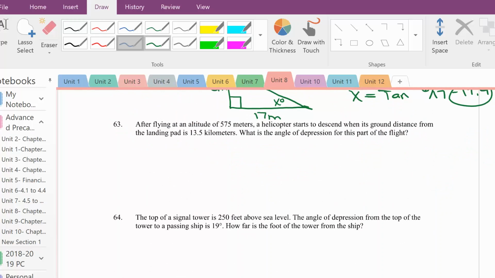All right, so after flying at an altitude of 575 meters, a helicopter starts to descend. So it's 575 meters and it's descending when its ground distance from the landing pad is 13.5 kilometers.